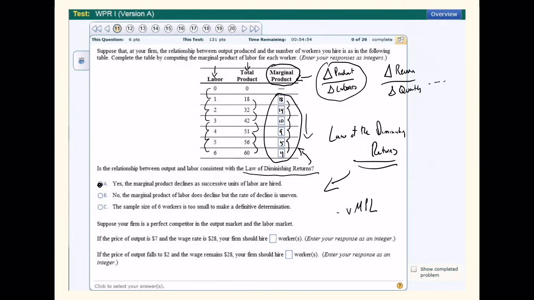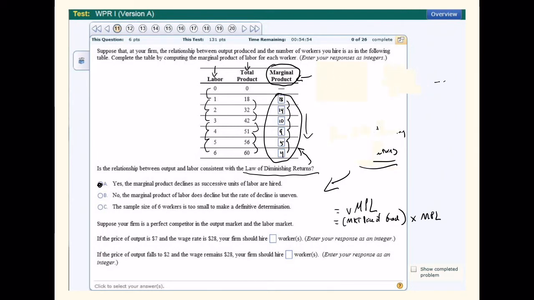When we're thinking about the value of the marginal product of labor, that just equals the market price of the good times the marginal product of labor. I'm going to erase some of what I just wrote here just to give us a chance to review.